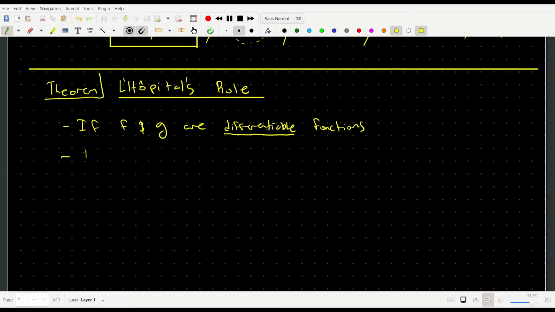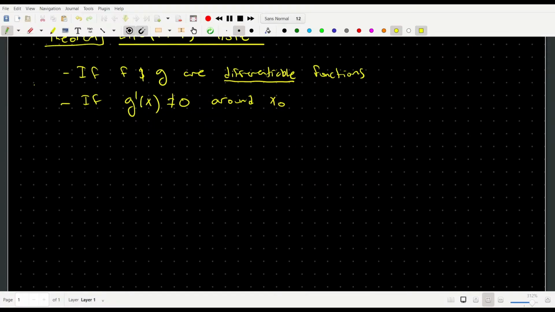If g prime of x, the derivative of g, is non-zero around some point x naught, and if direct evaluation of the limits in the numerator and the denominator of the fraction f over g are either 0 over 0 or infinity over infinity.